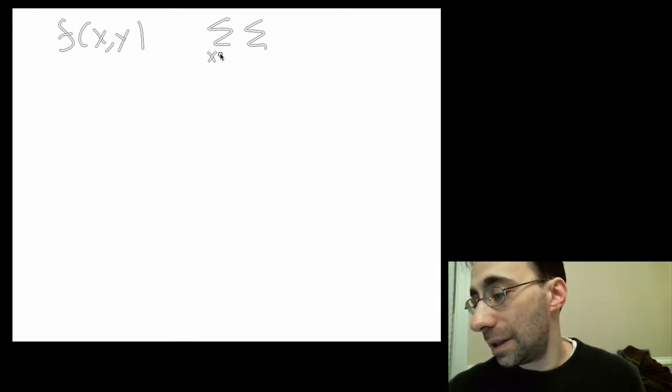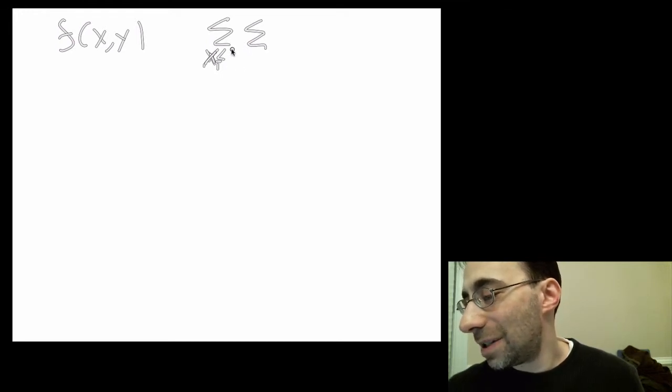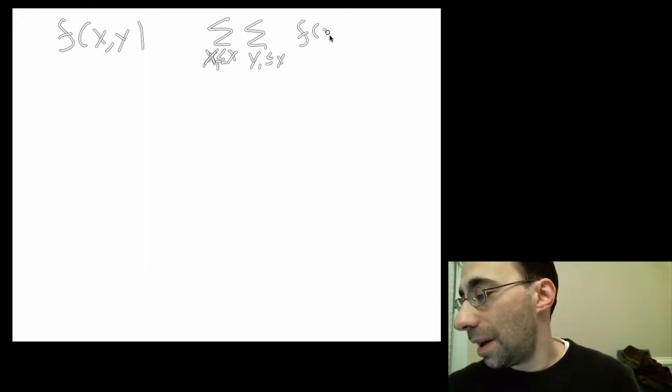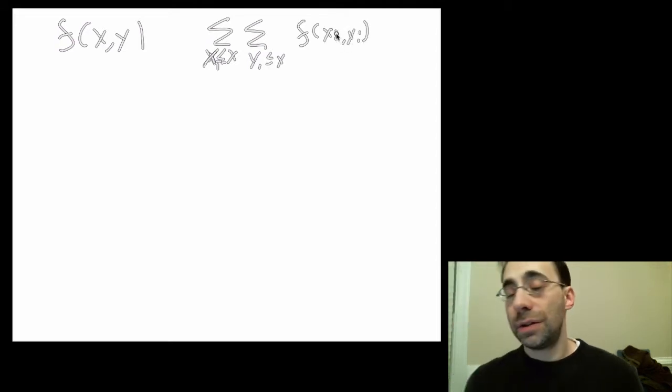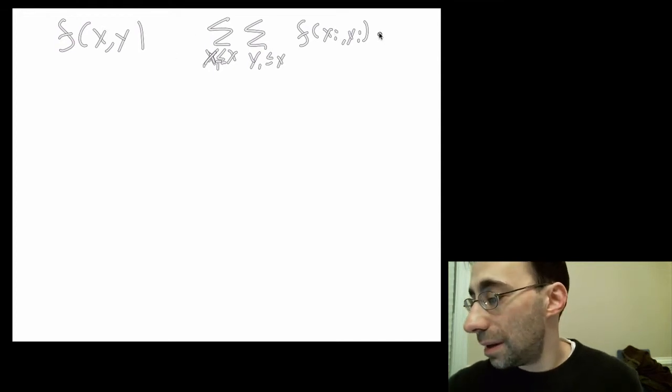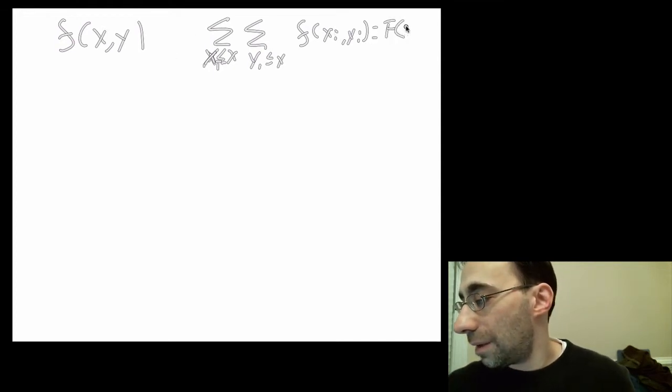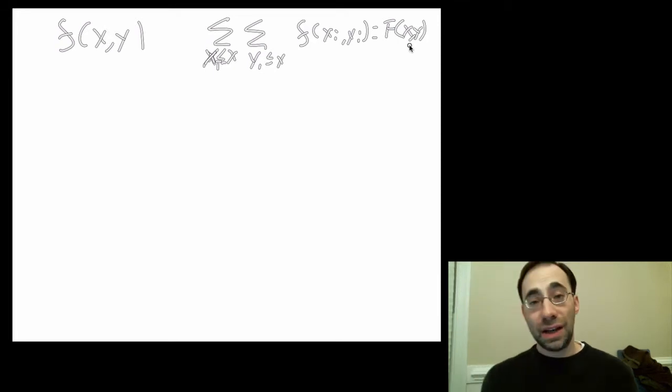So, little x_i less than or equal to x, and little y_i less than or equal to y, and we're summing f of x_i, y_i. So it's a double sum, and this thing equals capital F of x, y, which is a CDF for a discrete joint distribution.